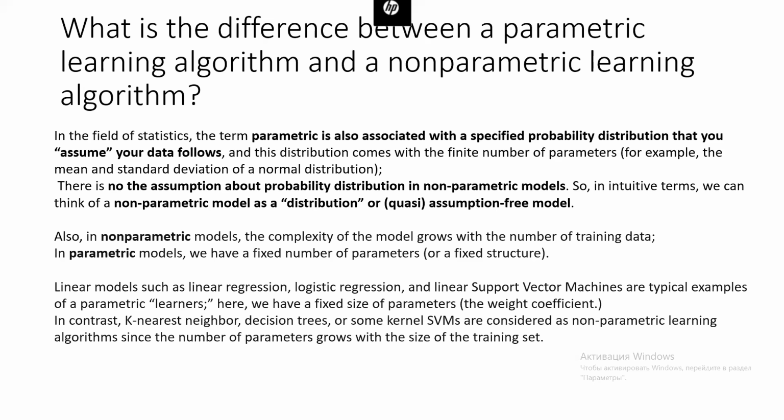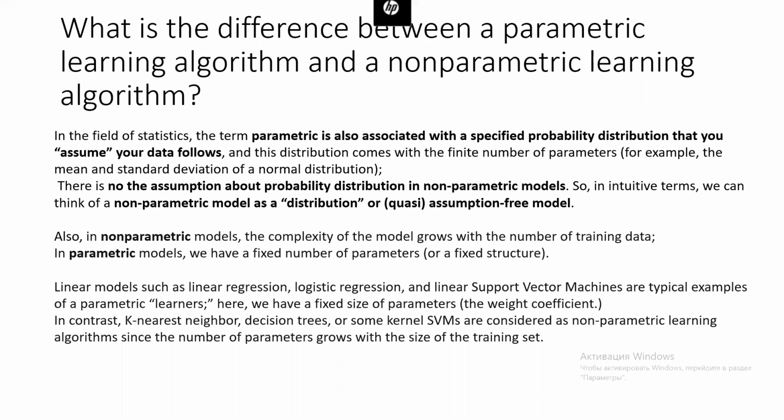Non-parametric models also have a specific characteristic: the complexity of non-parametric models grows with the number of training samples. In parametric models, we have a fixed number of parameters. So we have a fixed structure, which estimates some distribution, some parameters of the data set, and that's all.